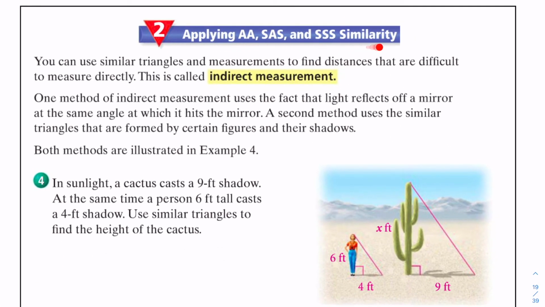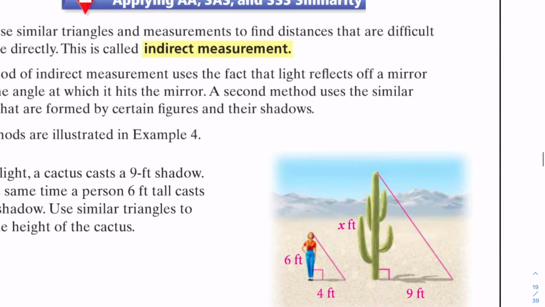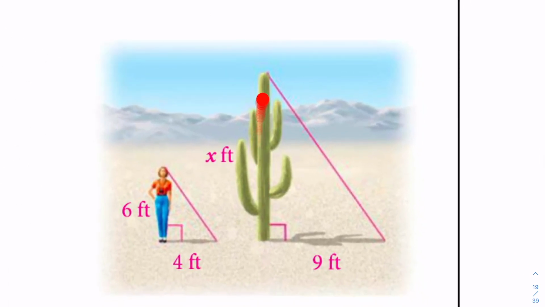Okay, applying angle, side, and side similarity with indirect measurement. So let's say we can't necessarily measure something like this cactus. We don't know the height of this cactus. What we do know is that the sun is above this person and this cactus, casting the same type of shadow with the same degree measure from where the sun is.